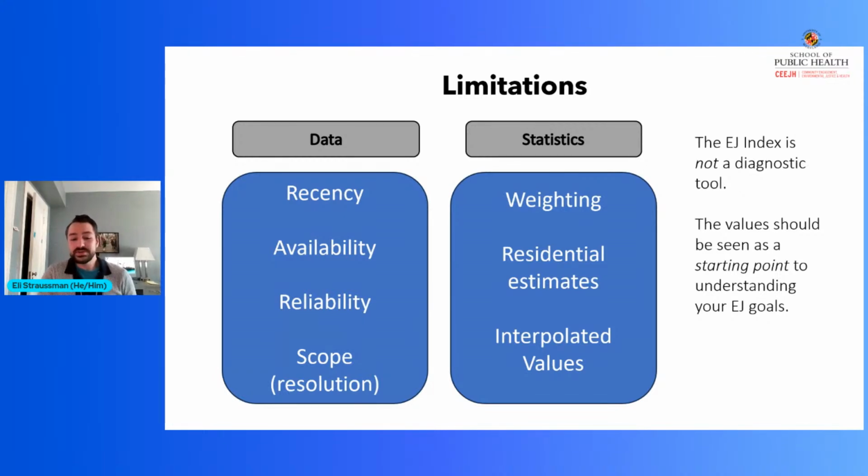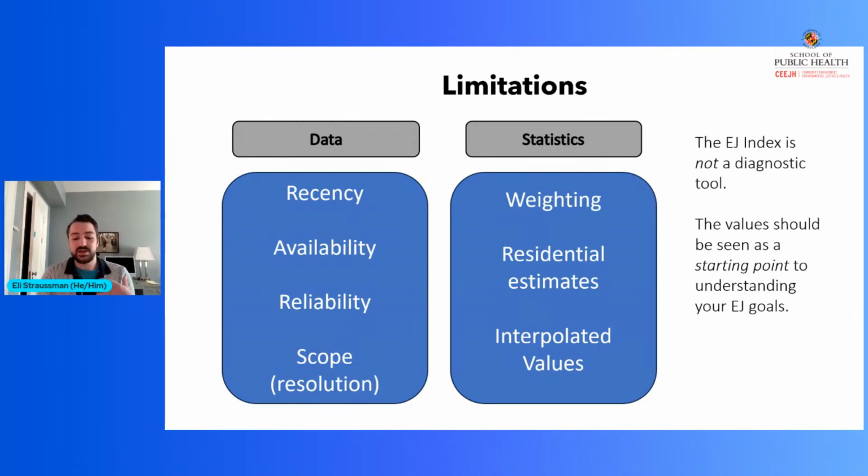What is important though is that when you're using these tools, you understand that these are starting points. These are ways for you to engage your communities and say, hey, look how our numbers are so much worse than over there.